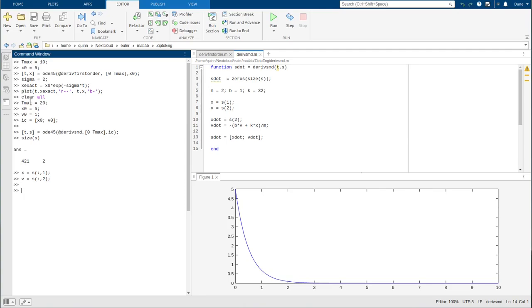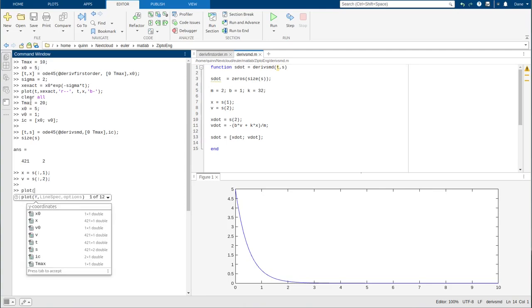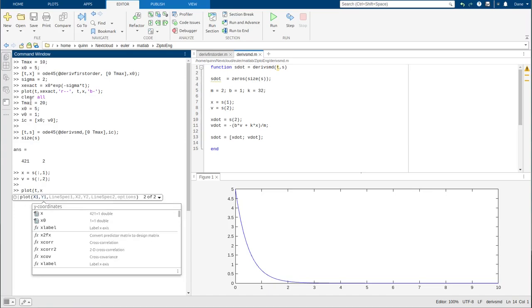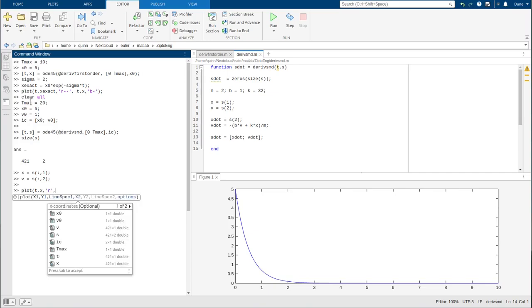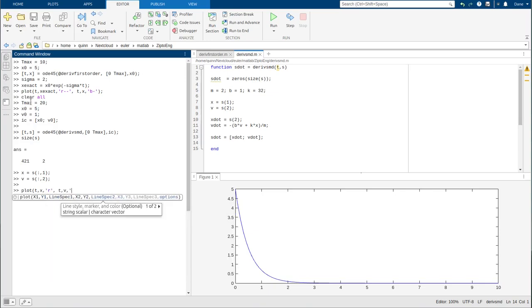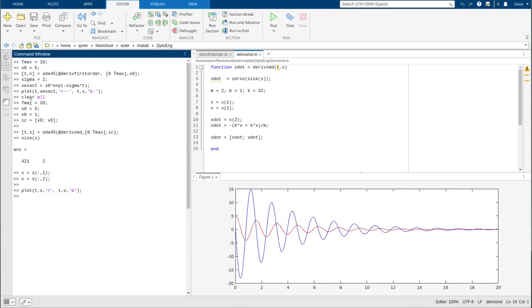And now I can plot the position and velocity. Let's plot the position in red and then the velocity in blue. So there it is. It came up in the same figure. Notice that the initial position is 5.